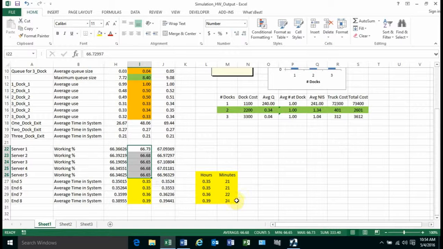However, the priority 4 low priority items are in it a little bit longer because we don't service them first. We service them last if there's anything else in the system. So the time in the system is a little bit more on average than for the high priority items.